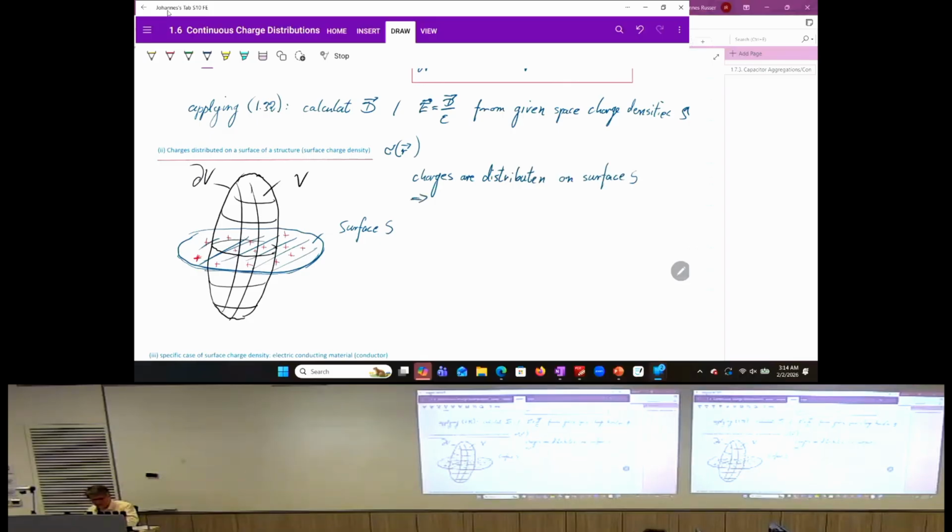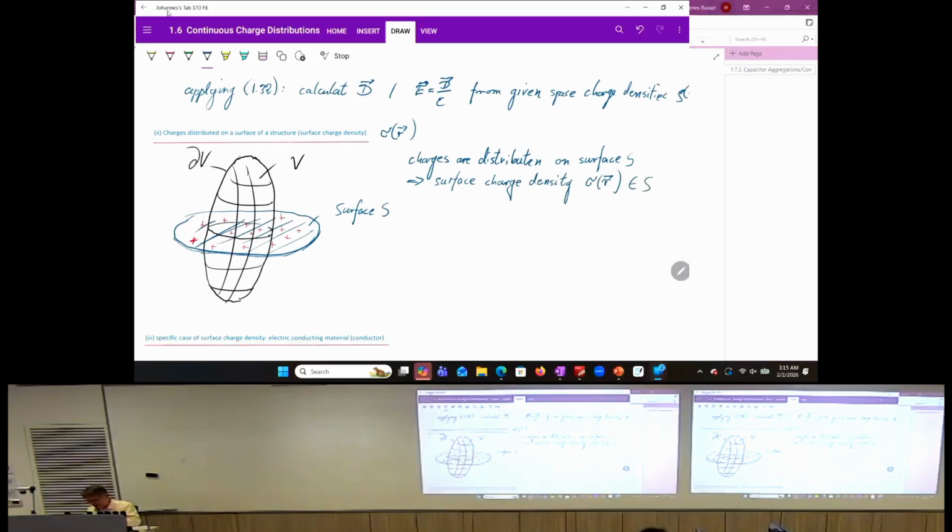This distribution is given by the surface charge density, sigma of r, on S. And our Gauss law states that doing the integration over the enclosing surface of this control volume, over the flux, gives us the charge.